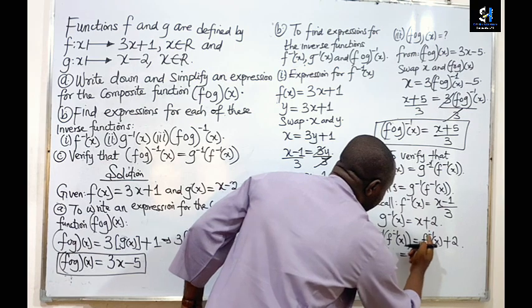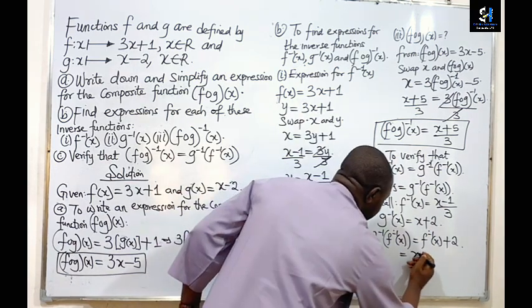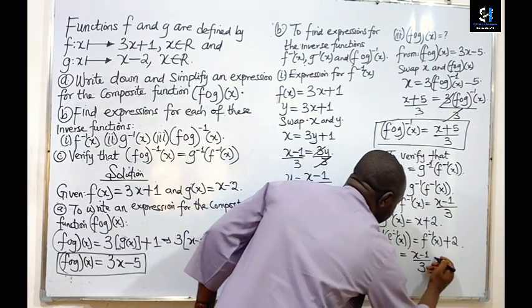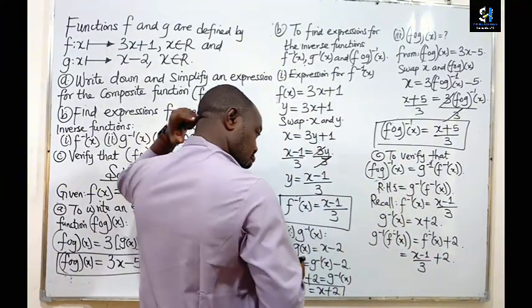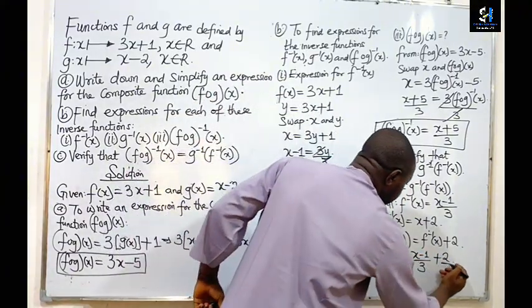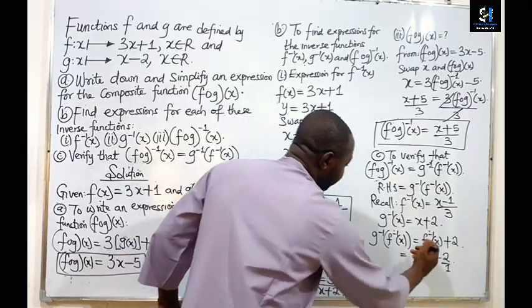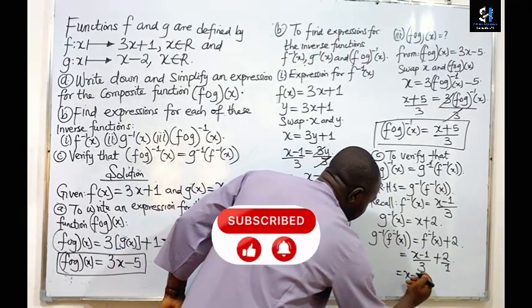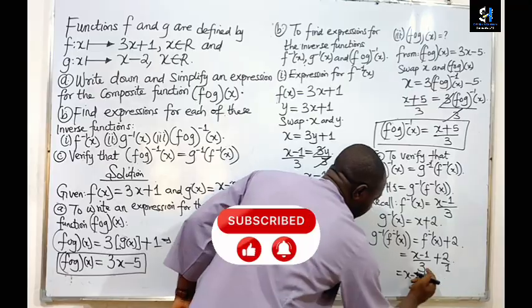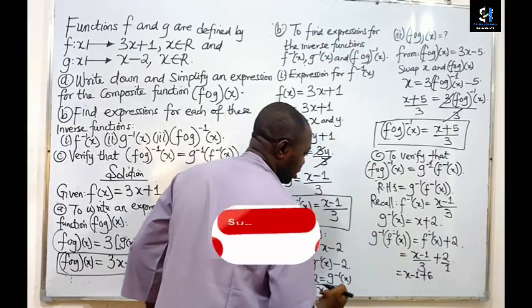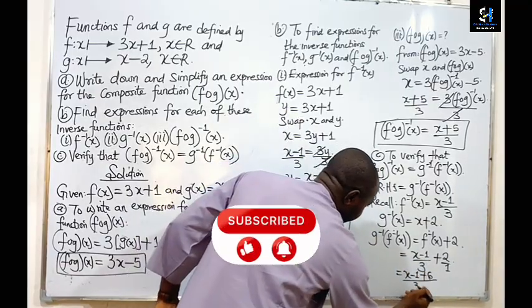And the inverse of function f of x is x minus 1 over 3, then plus 2. In this case, this 2 will be over 1. So simplifying this, this will be x minus 1 plus 6, 3 times 2, that's 6, because the LCM of this will be 3.